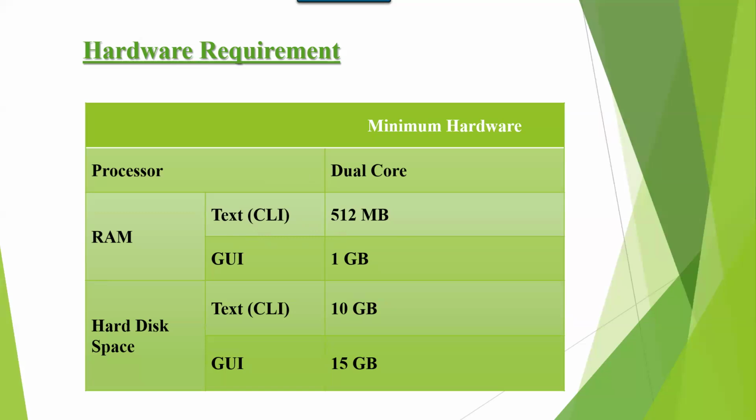For the graphical user interface, 15 GB space is required. Even with 10 GB space, you can use the graphical user interface. I will show that while installing, I will give 10 GB space only. So this is the minimum hardware requirement to install Linux.